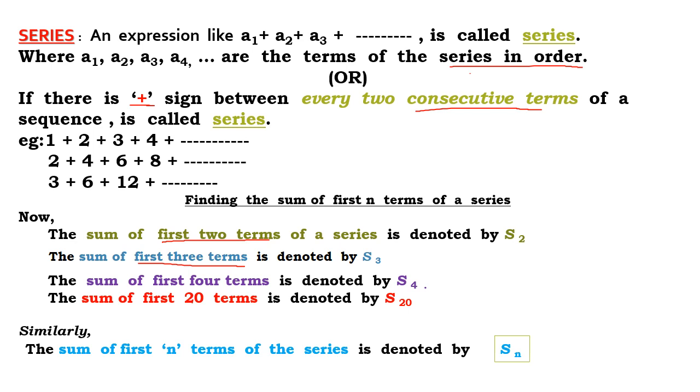The sum of the first four terms is denoted by S4. The sum of the first 20 terms is denoted by S20. Similarly, the sum of the first n terms of the series is denoted by Sn.